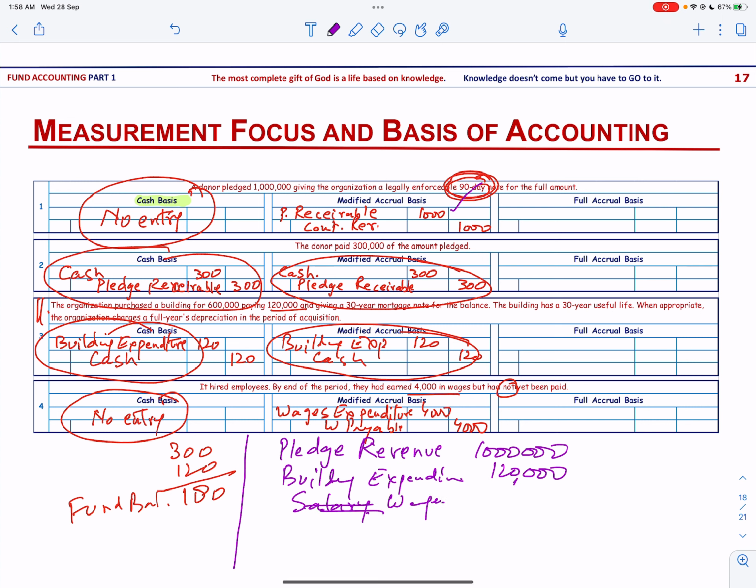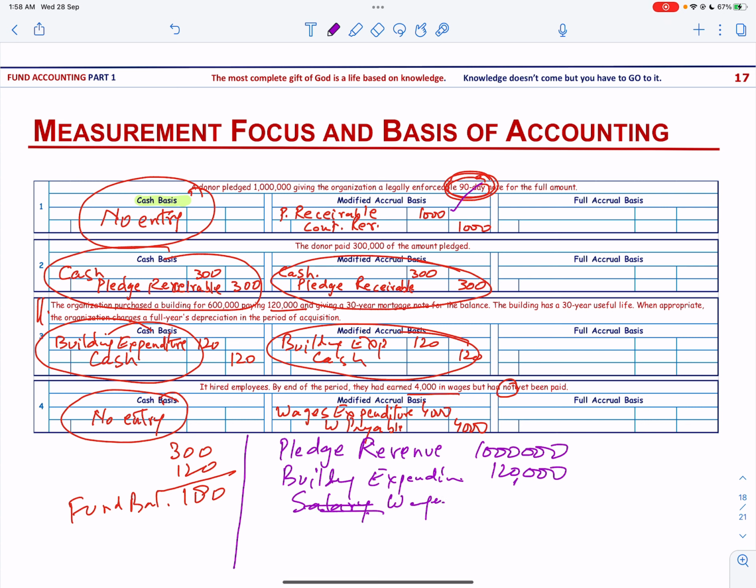We have paid 120, so the cash left with us is 180,000, that is cash, and we have not paid the wages, so there is a liability of 4,000. And again you can see that the fund balance is 876.